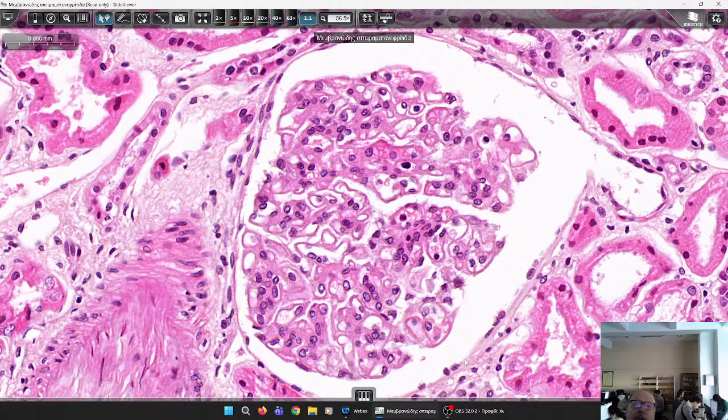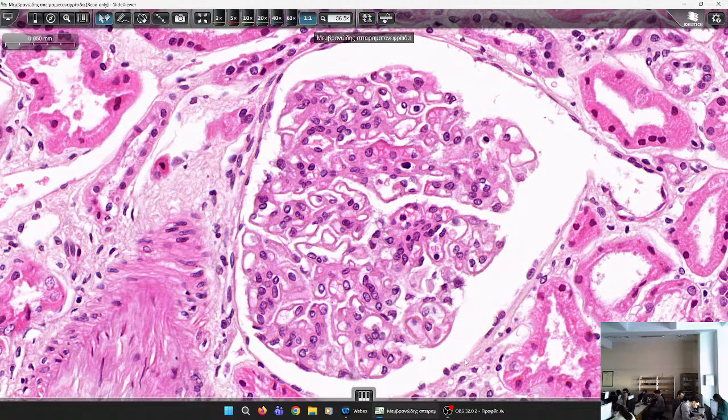So I'd like you to see this glomerulus, and the same that will apply to this glomerulus will apply to all other glomeruli in the renal biopsy, and tell me, now that we have done the lesson of glomerular diseases, last Friday, where nobody came, but that's no problem because we have the relevant video, so you can see the video and there will be no problem. So now that you have seen the video, you know how we judge the glomerulus.